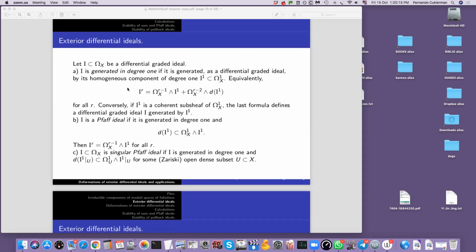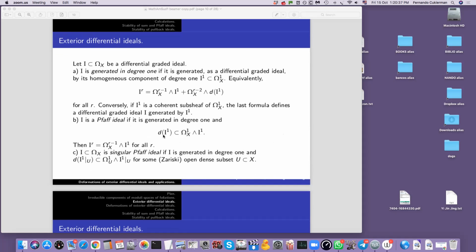We call this an ideal generated in degree 1. A Pfaff ideal will be an example of this sort, but which satisfies the condition that d of omega 1 is contained here.